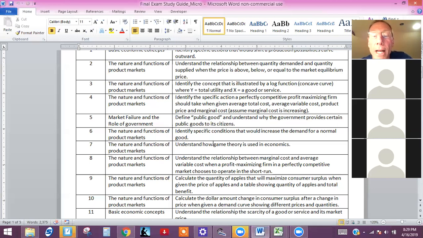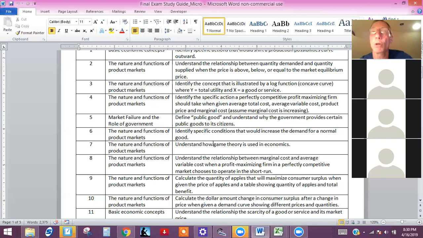Okay, understand how game theory is used in economics. Well, this is the key here. We use game theory to analyze how two parties operate when one doesn't know what the other one's going to do.